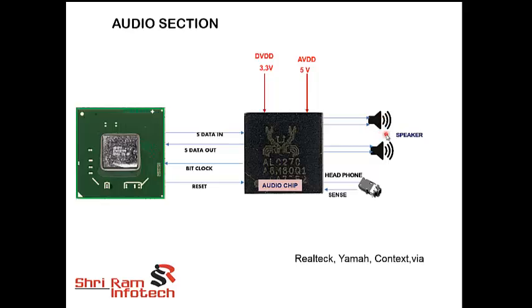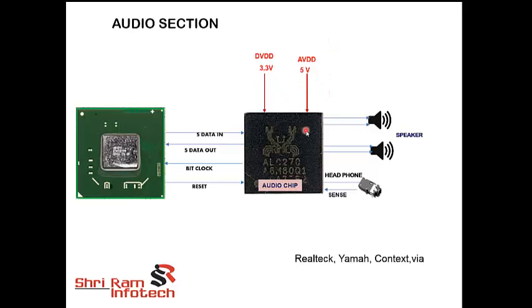If your speaker is working and the headphone is also working but still sound is not coming out, then you have to locate this audio chip on the motherboard. Audio chips are normally made by Realtek, Yamaha, Conexant or VIA. So you have to locate the audio chip on the motherboard, open the schematic diagram and check these 2 voltages: DVDD, which is 3.3 volt, and AVDD, which is 5 volt.